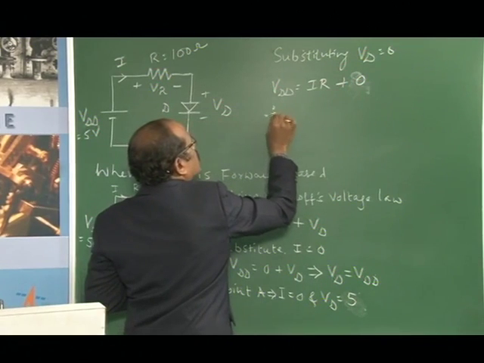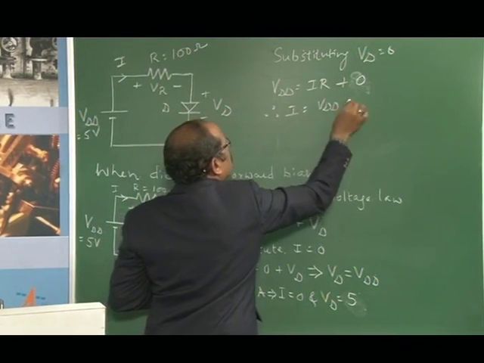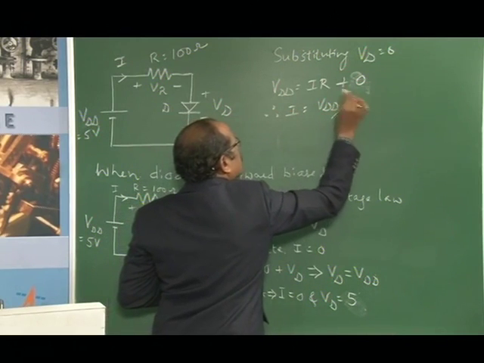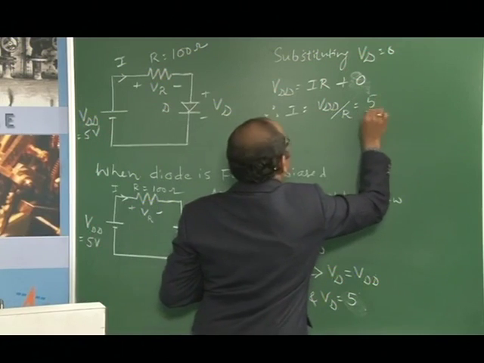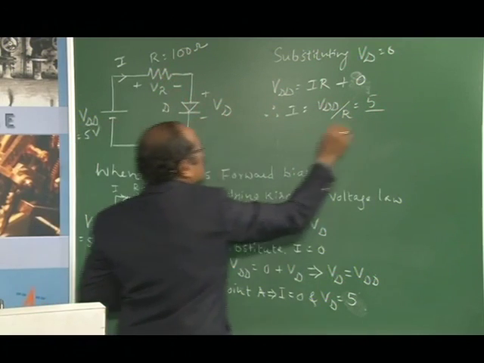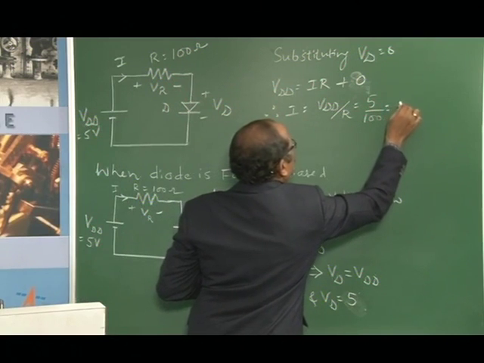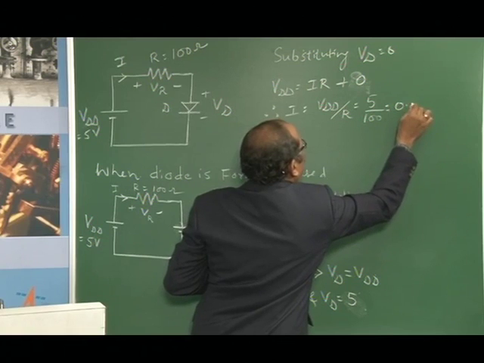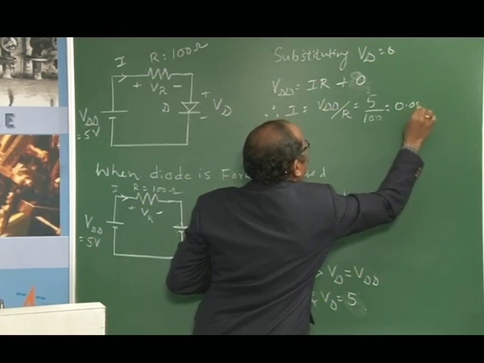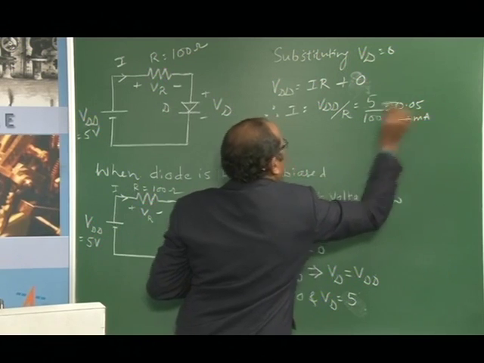Therefore, I will be equal to VDD by R. VDD is 5 volts, and the resistance is 100 ohm, so this is 0.05, or you can say 50 milliamp of current.